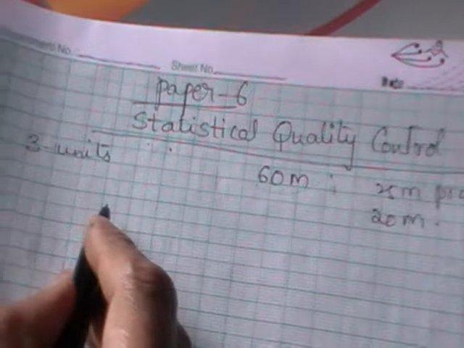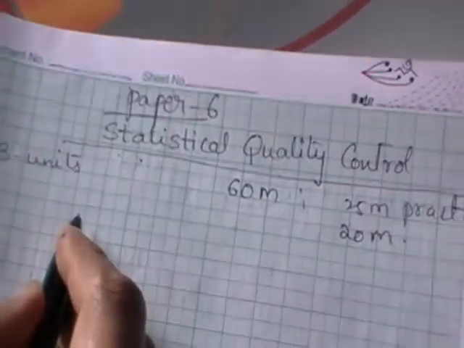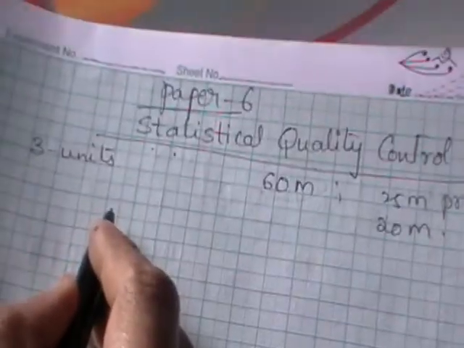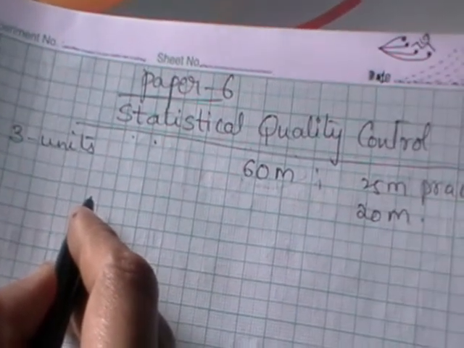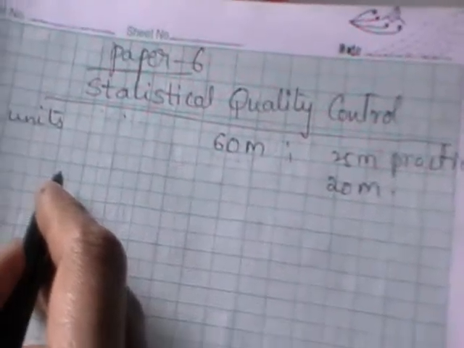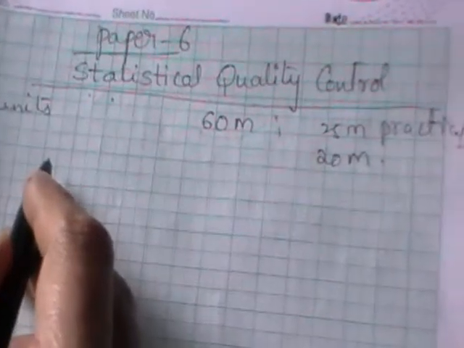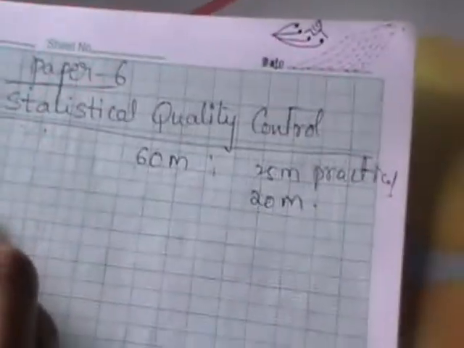In unit 3 you have reliability. The first and second units are related to SQC, and the third unit is related to reliability.